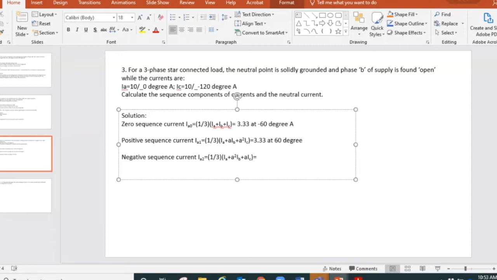So the value of A is 1 at an angle of 120, am I correct? Just the operator A. A is 1 at an angle 120 degree. That's correct.